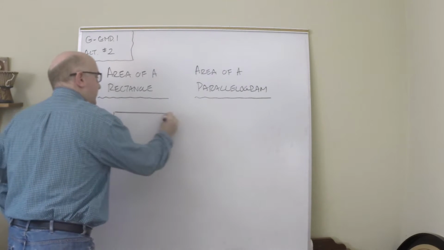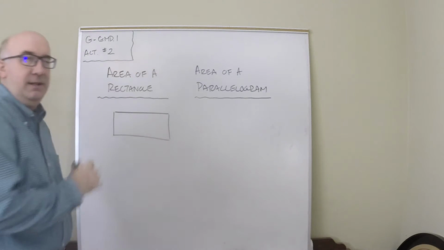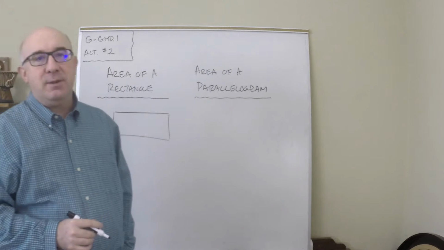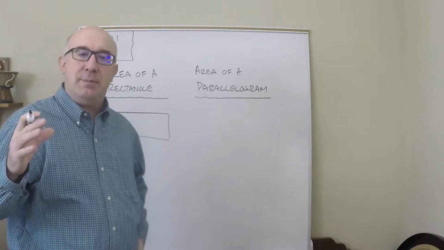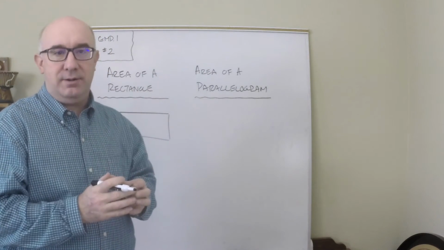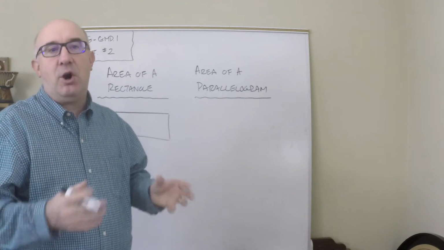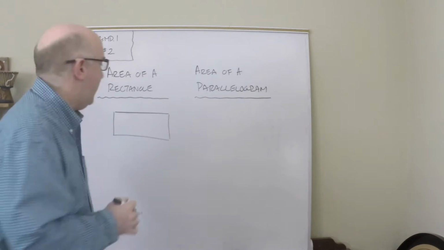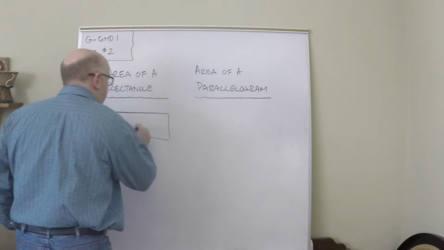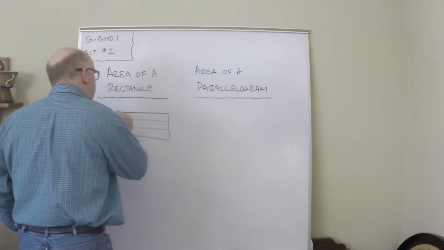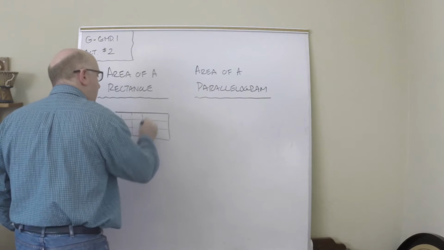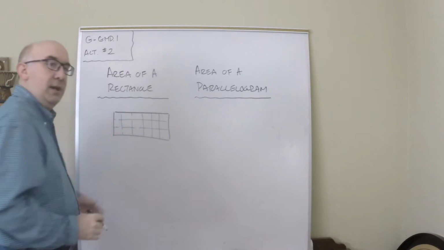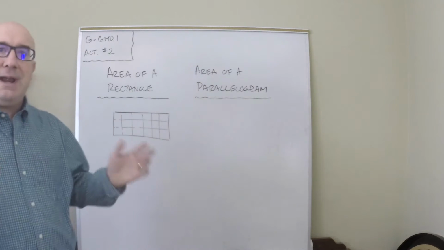And one of the nice things about the rectangle, at least in this kind of format, is that when you're talking about area, you're talking about how many squares, whatever the units are, inside of the shape. And because of the rectangular shape, whatever the increments are of these squares, it's a very arrayed approach.